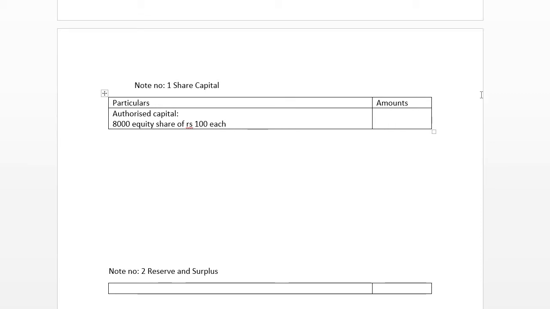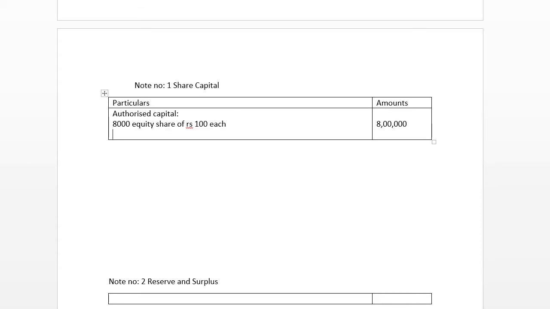8,000 into 100 is equal to 8 lakh, so that we shall write it in the outer column, that is 8 lakh. Once after that, assume that there are 20,000 preference shares available.